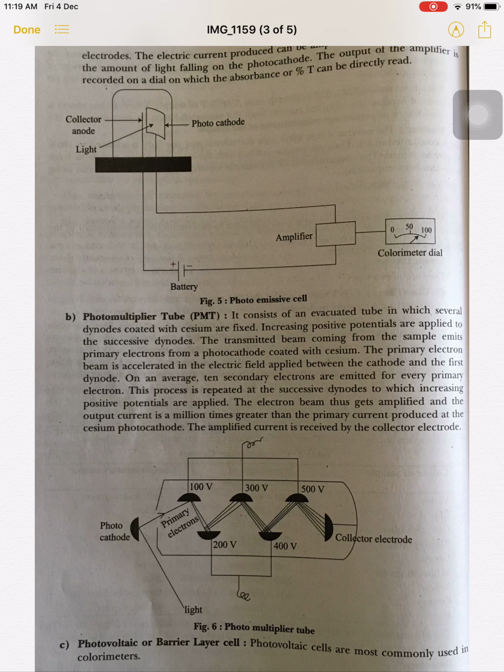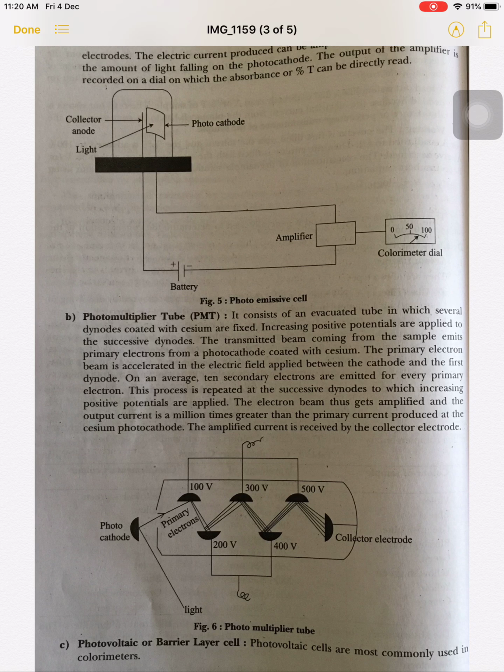See these black half-circle-like spots in the diagram. These are nothing but diodes which are coated with cesium metal. These diodes are applied with increasing positive potential.